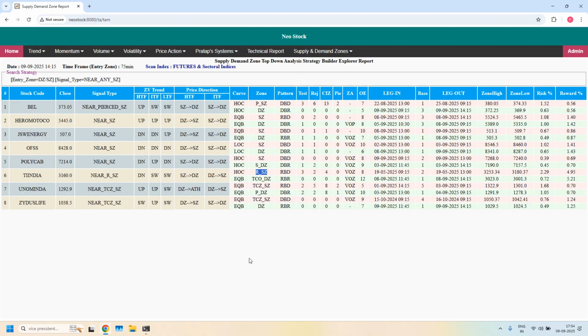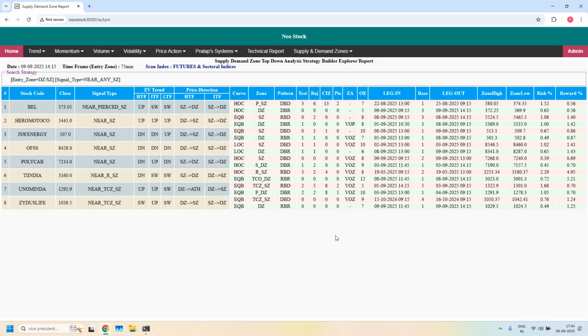That's it. We got only one 75 minutes high liquidity supply zone from this list. So this is about high liquidity zone identification from daily and 75 minutes time frame. So you can use those high liquidity zones for the HLQ zone strategy you learned in lesson 21.3 video.